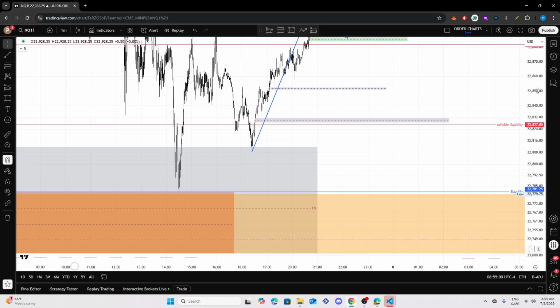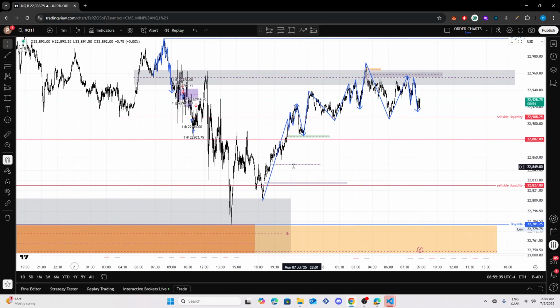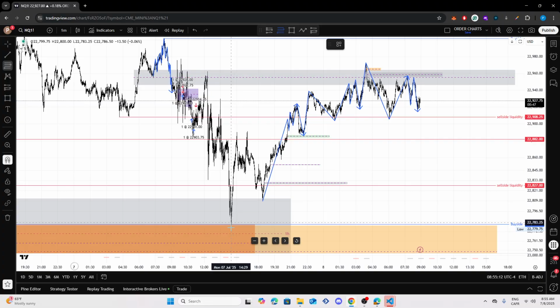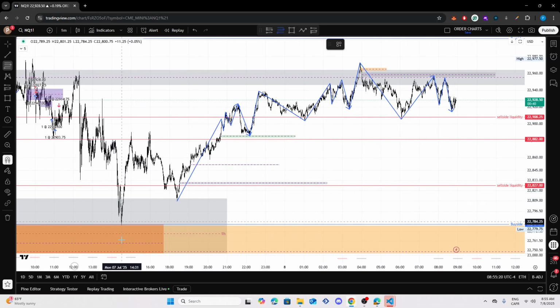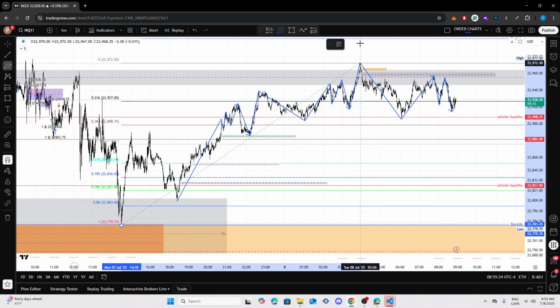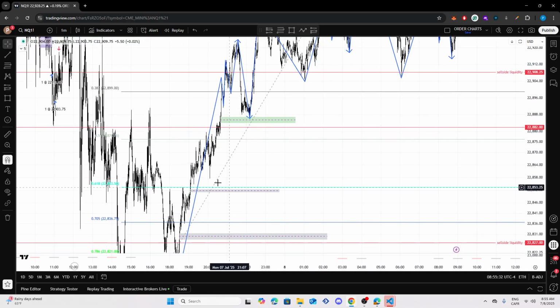So that being said, let's stretch a fib out to the top. The likely suspect would be this fair value gap. Yeah. So this one's around the 61.8% retracement right here.